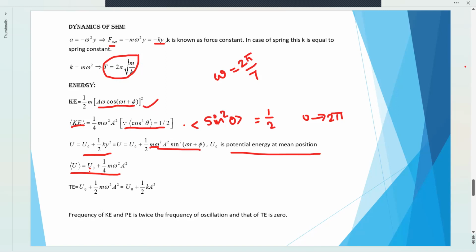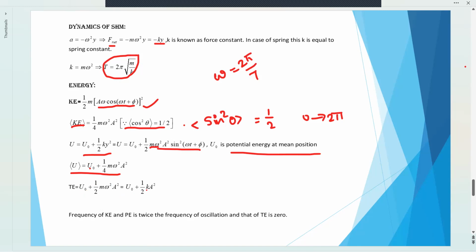If you take the sum of these two, we are calculating here total energy, which is equal to U naught plus half m omega square a square.